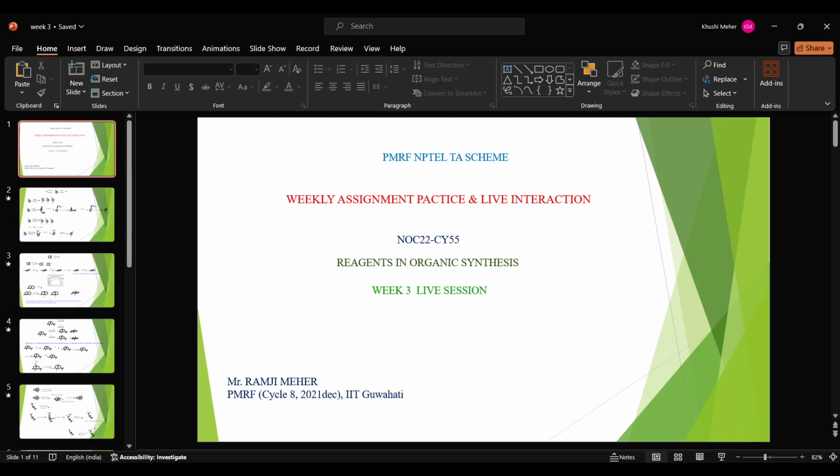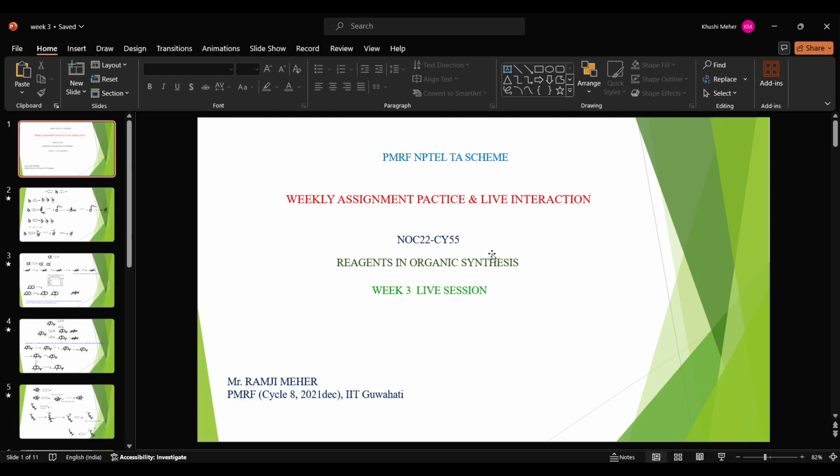We won't see anything about enantioselectivity, but most of the time we'll check the diastereomer selectivity in the reaction. The diastereomer selectivity in any reaction is the most important thing: how we will control the diastereomer selectivity by using different kinds of reagents with your reaction partner to get more selectivity.